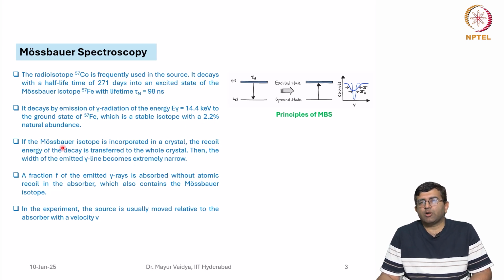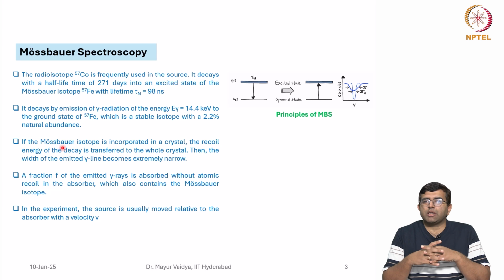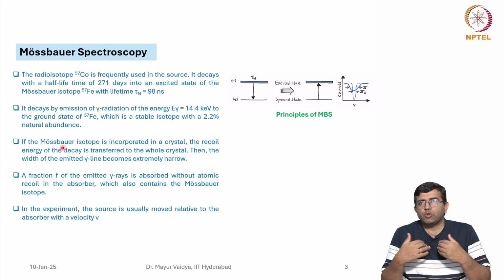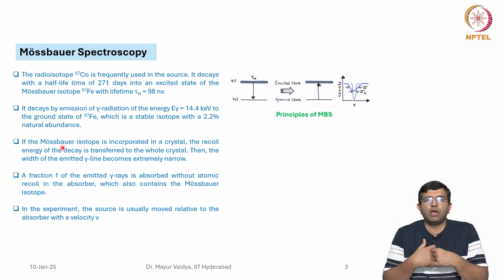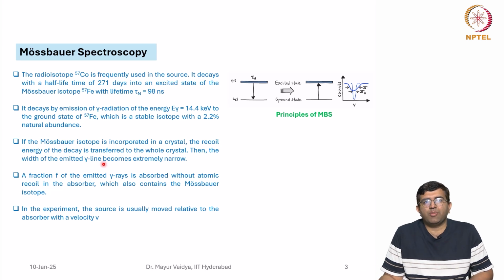Now, if you can incorporate this Mössbauer isotope in a crystal, then the recoil energy of this decay is actually transferred to the whole crystal. So, it is not just to that atomic nucleus, it is to the whole crystal, and then the width of the emitted gamma line becomes extremely narrow. Now, a fraction of these emitted gamma rays is absorbed without recoil in the absorber, which also contains the Mössbauer isotope.